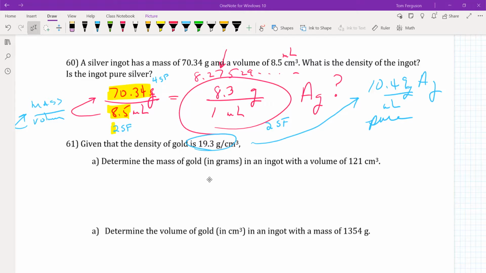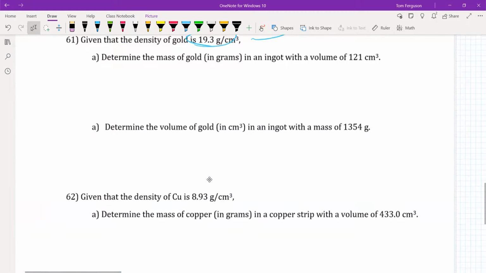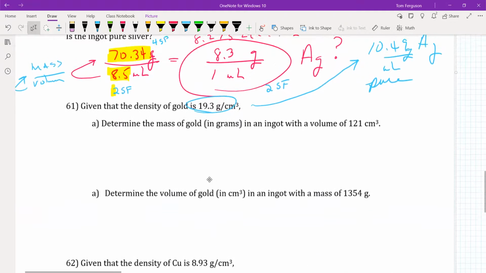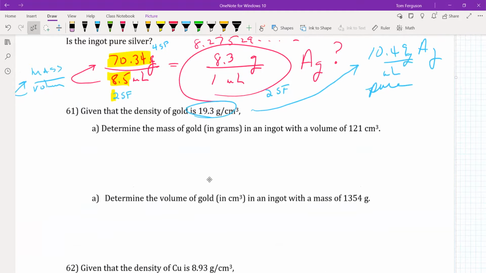Okay, so let's do one more density problem here. Well, since we know the pure, we'll have to look it up. Let's do this one here. Are there any questions about that last silver problem? Okay. All right, let's just do one real quick here.